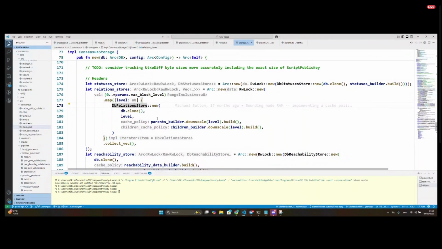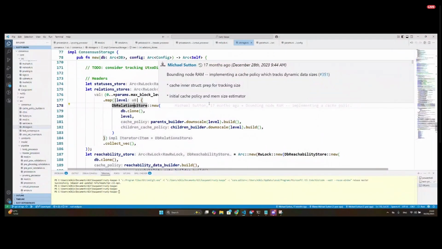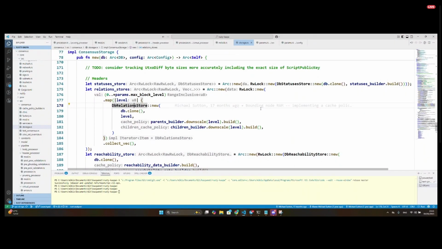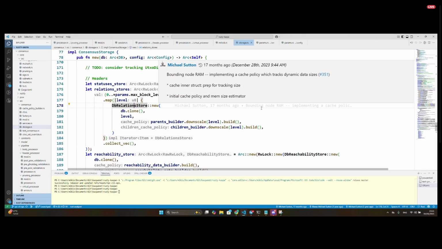Do you know what is the highest block ever mined? Like which level? I actually published a post about this. If I search my X, you would see, but then you would also see all my notifications.